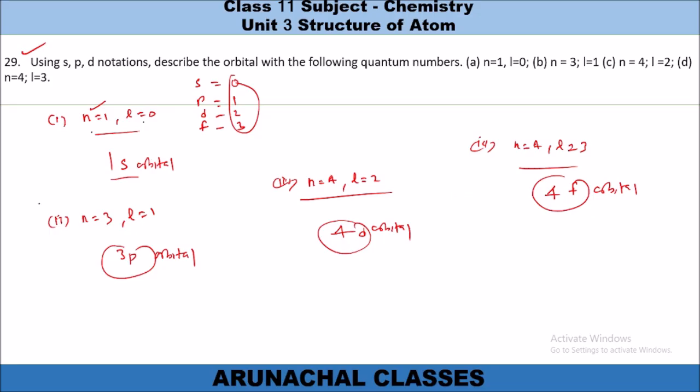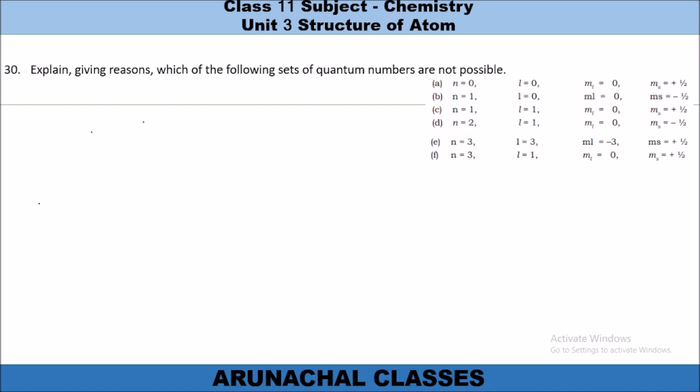Moving to question number 30. Explain, giving the reason, which of the following sets of quantum numbers are not possible. So we can see here one by one. If we take the first one where we find n value as 0, this is not possible because if n value is 0, this is not indicating any orbital.